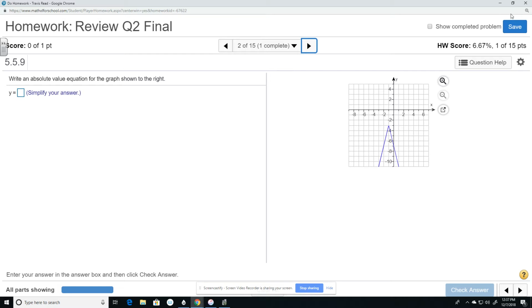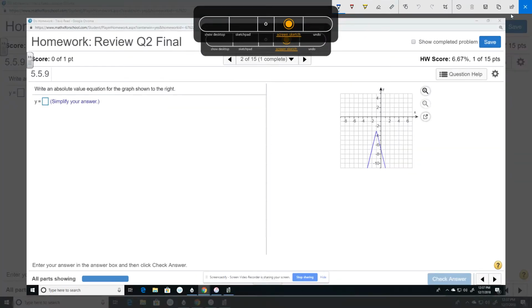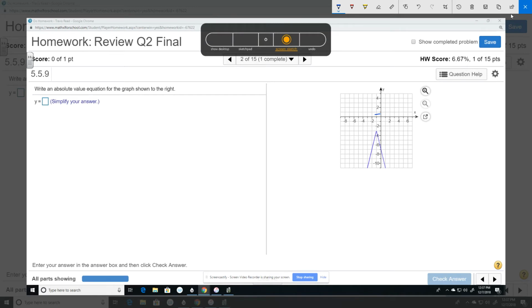First of all, this graph is shifted to the left 1. So to shift it to the left 1 means that I have a +1 on the inside. Remember, that will shift it the opposite direction, left or right.